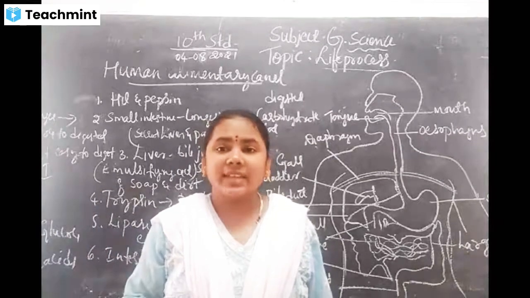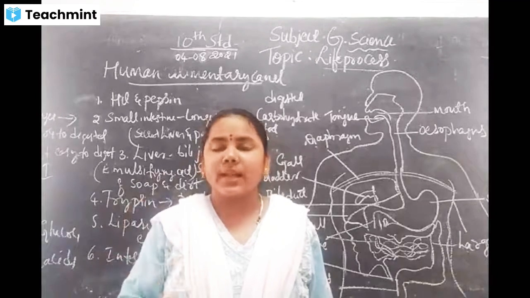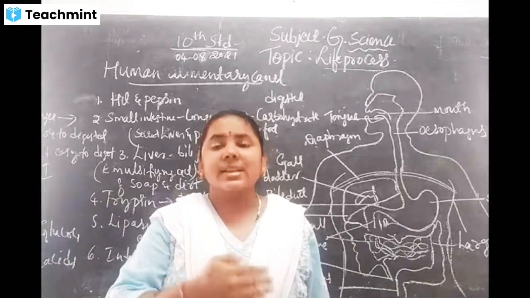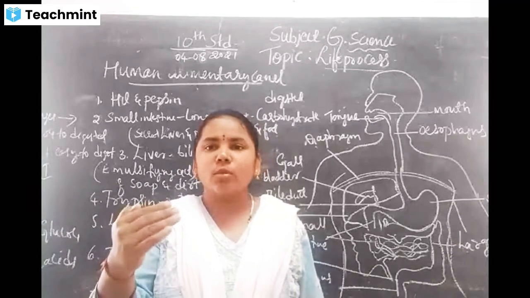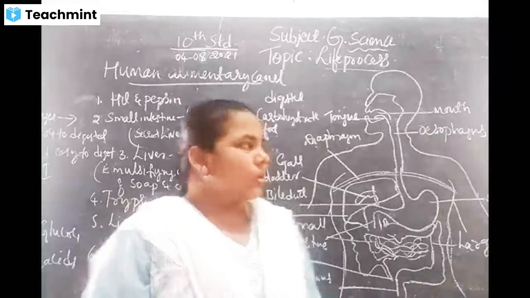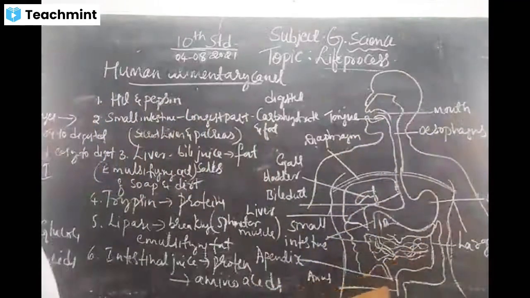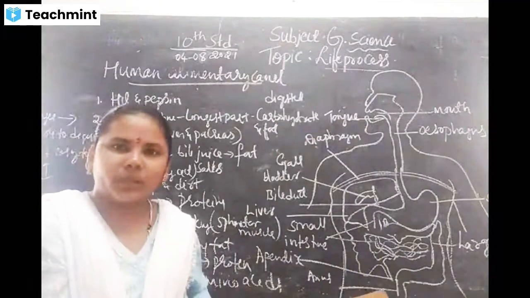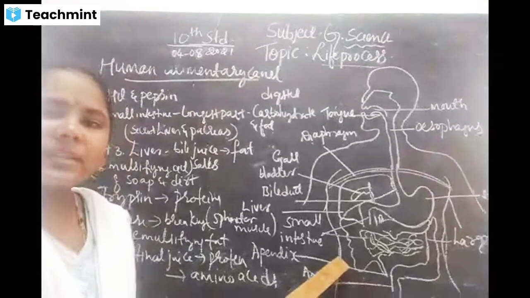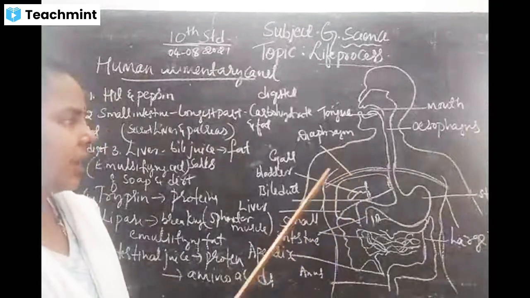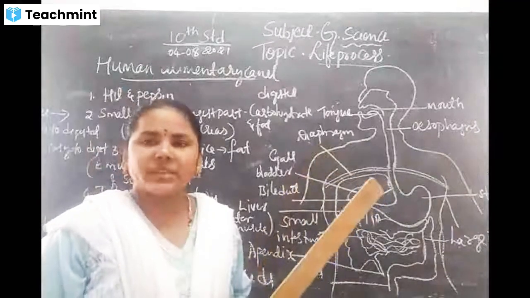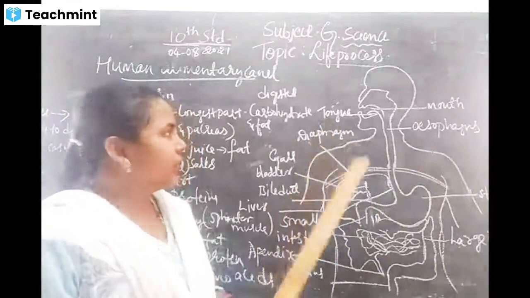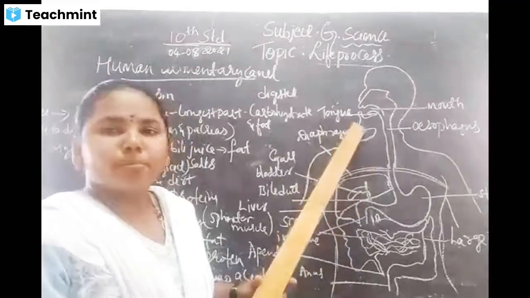So how the digestive system varies compared to autotrophs and heterotrophs is the most important topic. Look at this. This is the human digestive system, which looks like our body. From the previous class, I have told you the food is taken into your mouth.